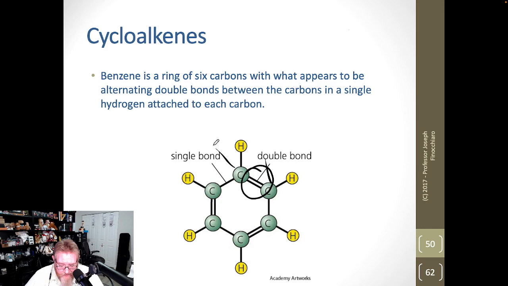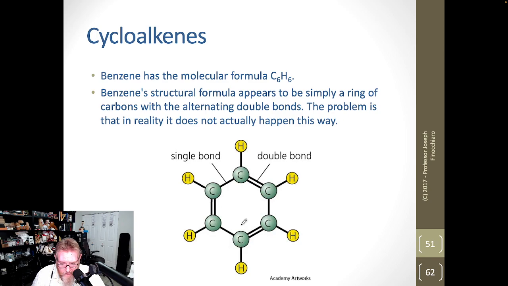So here's the crazy thing. You have all these double bonds, and yet, first thing is the double bonds don't actually happen this way, but also this molecule doesn't want to break these double bonds, not by any stretch of the imagination. It wants to stay just like this.